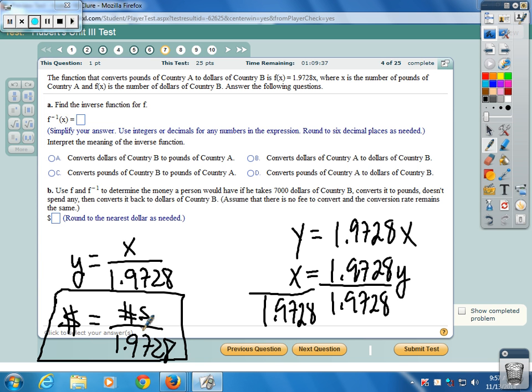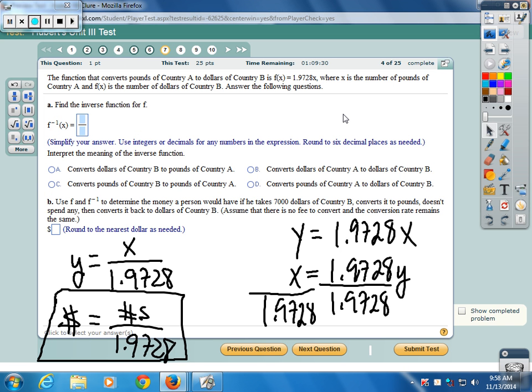This is your inverse function, which is equal, let me go ahead and put that in and we'll just see. x over 1.9728. The function converts pounds.